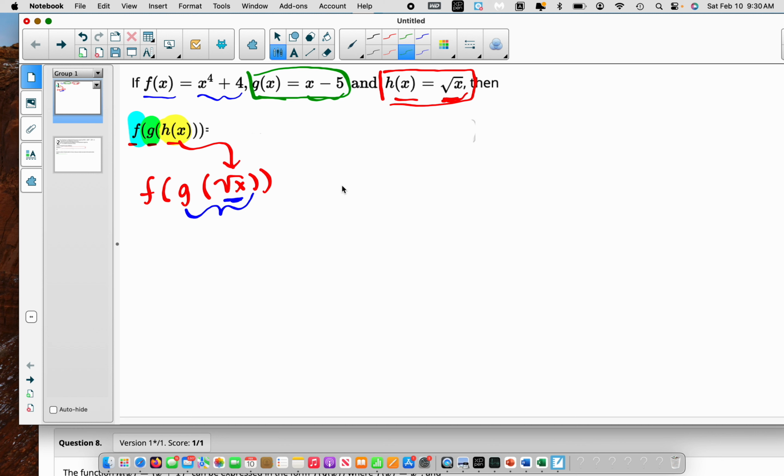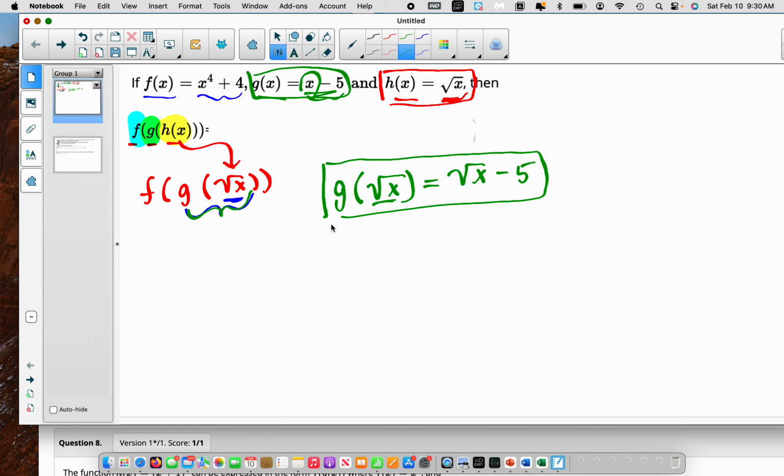I want to have g of square root of x, right? That's what I want to evaluate here. Here's my g function, and everywhere I see an x, I'm going to input square root of x. So this becomes square root of x minus 5. All right, so g of square root of x is equal to this here.